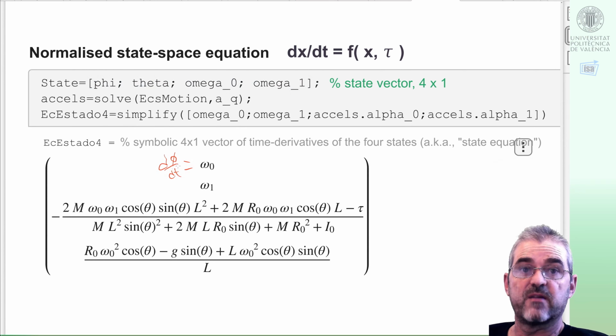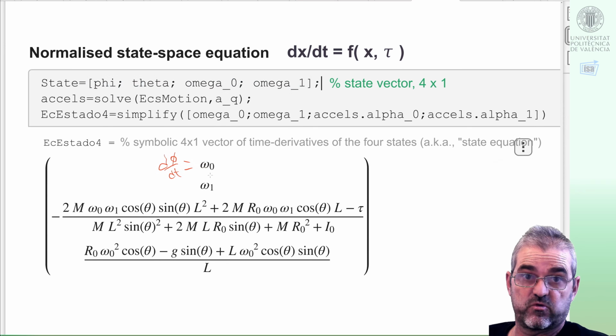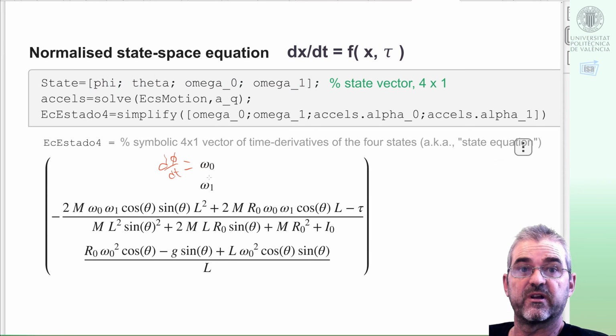Indeed, the time derivative of phi is omega 0 by definition, because we named it that way when setting up the modeling equations, and the time derivative of zeta is omega 1, again by definition.